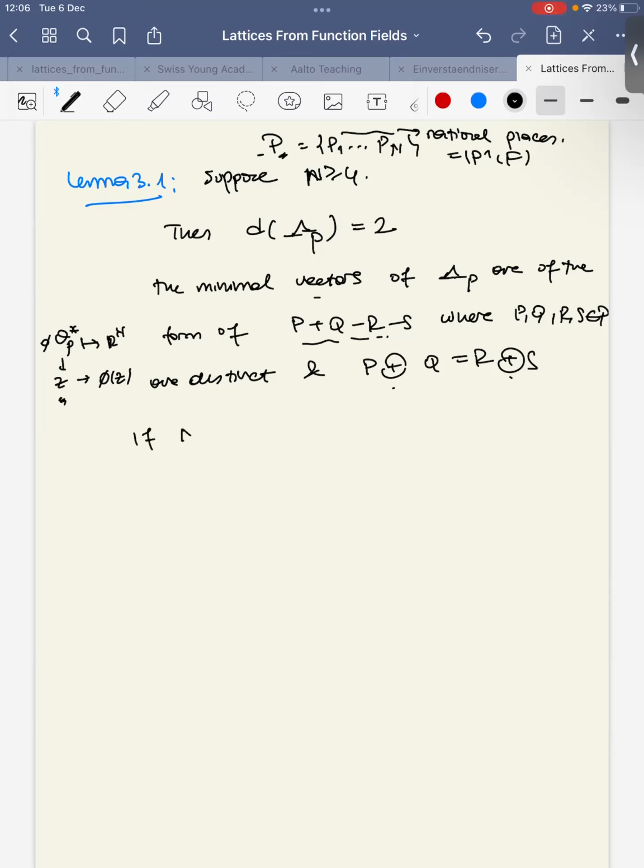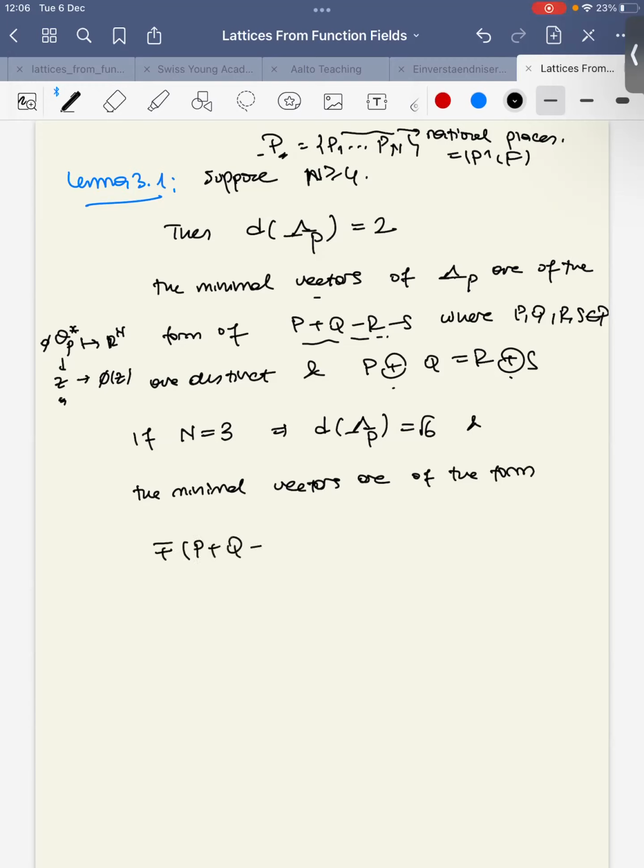And if n is equal to 3, then the minimum distance of our elliptic function field lattice is square root of 6, and the minimal vectors are of the form plus minus p plus q minus 2o, plus minus p plus 2q plus o, and plus minus 2p plus q plus o.